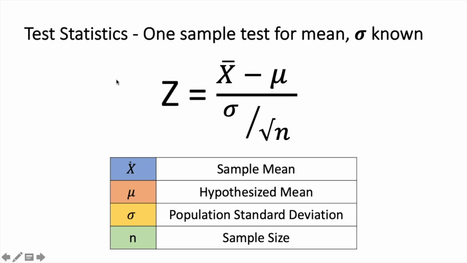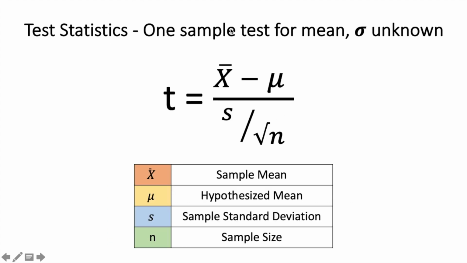So let's look into the first test first. One sample test for mean, sigma known. We will use the Z test here. Z equals the sample mean minus the hypothesized mean, divided by the population standard deviation divided by the square root of the sample size.